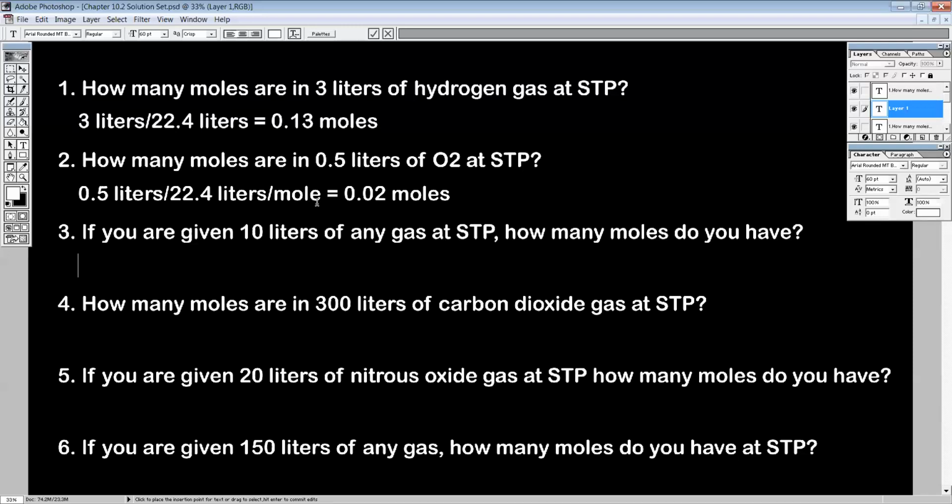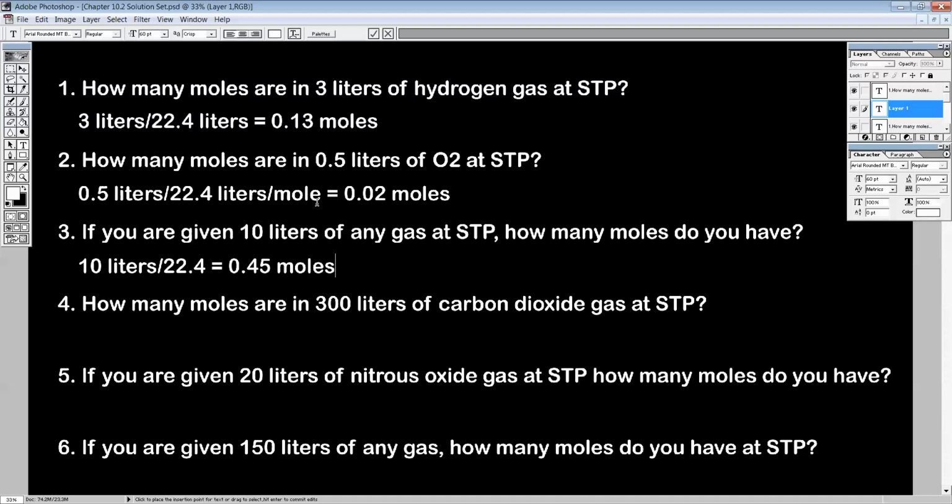All right, if I'm given 10 liters of any gas at STP, how many moles do we have? Giving you 10 liters, dividing by our constant of 22.4 liters per mole, and that gives us a result of 0.45 moles. So these are pretty simple.